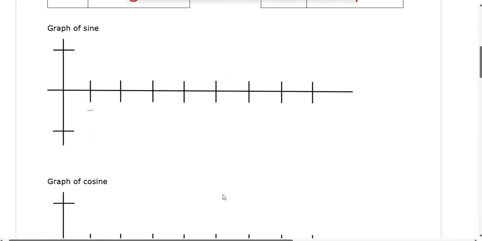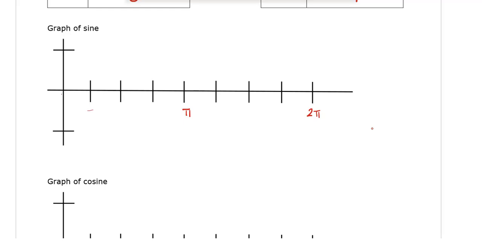So if I consider this as going from 0 to 2 pi, this would be 0 on my y-axis, and let's say this is 2 pi. There are 8 pieces, so halfway in between would be 4, so this would be pi.